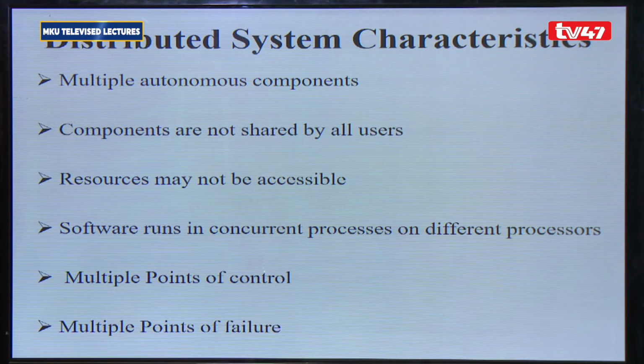We have multiple points of failure. I'm just using a server loosely so that you understand. In case one server fails, you can be in a position to access the information from the other server.